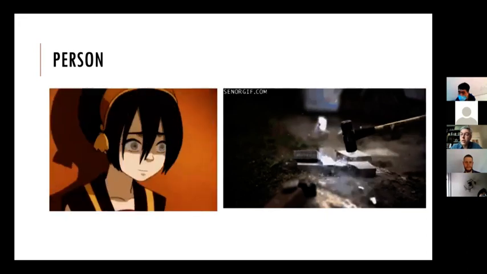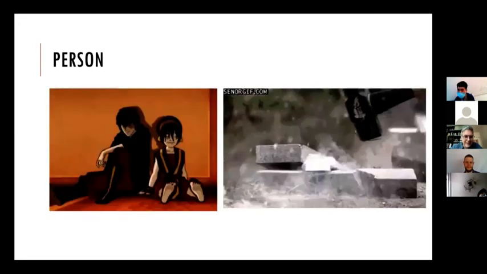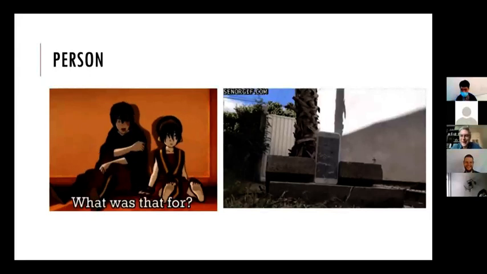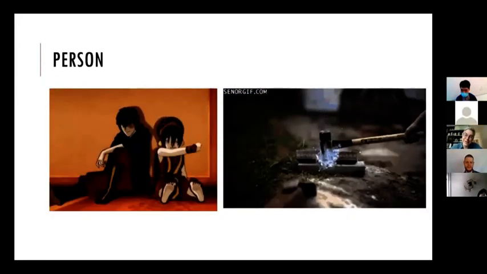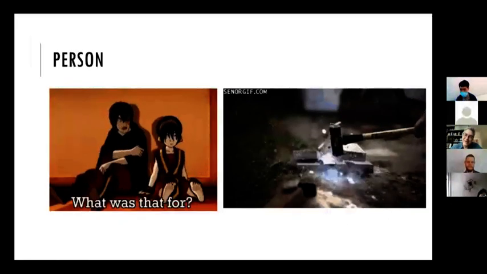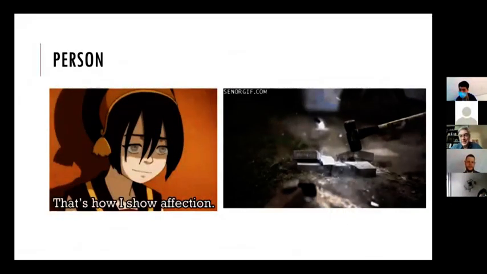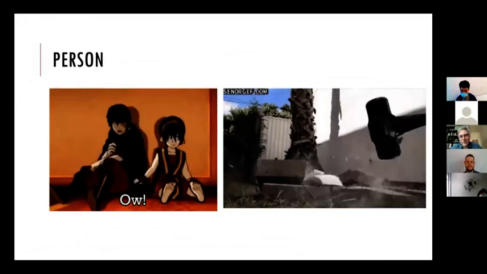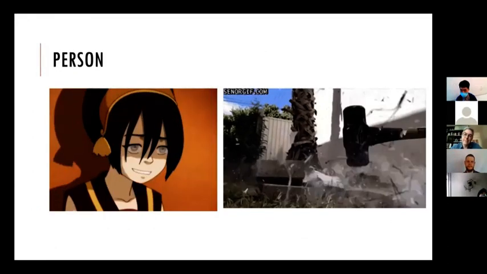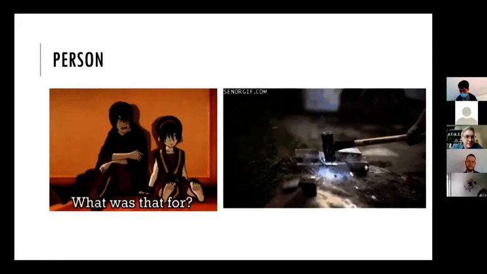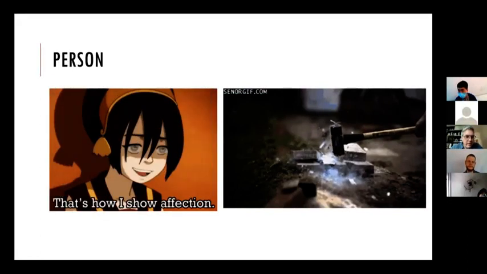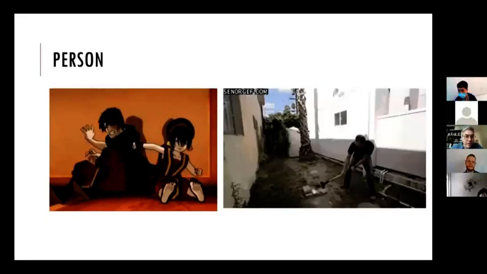How would you rather be hit? There's the hitting power. Okay, there is that difference. Maybe there's a difference in power or force. One is a literal smashing while the other is a symbolic one.